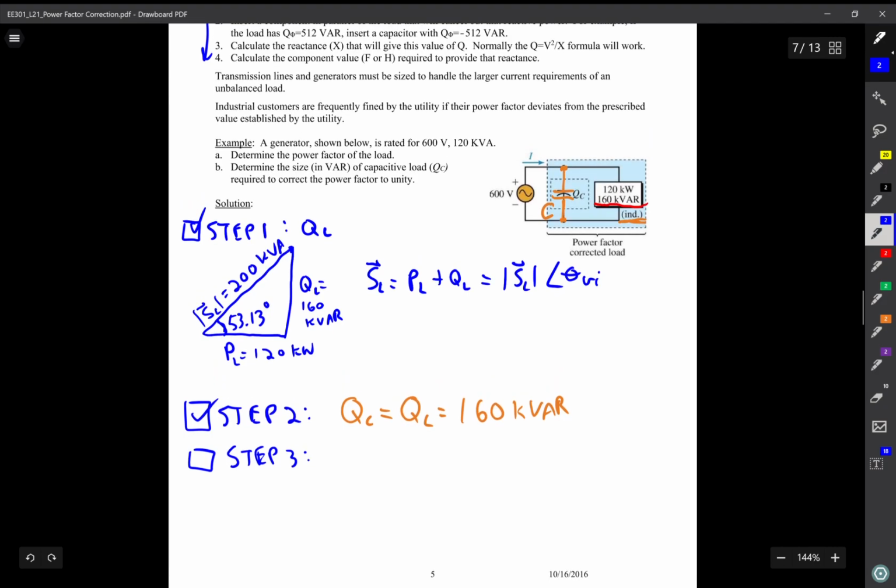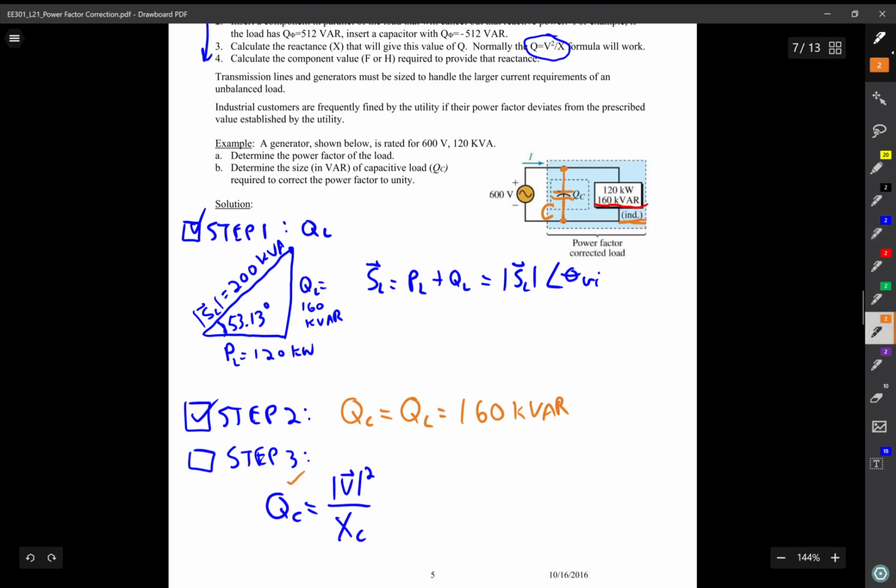Step three tells me I want to calculate the reactance that will give this value of Q. And I'm going to use this equation up here, Q equals V squared over X, for that work. So Q sub C is equal to the magnitude of the voltage squared divided by XC. Now I know what QC is, and I know what my voltage is, because it gives me in the problem.